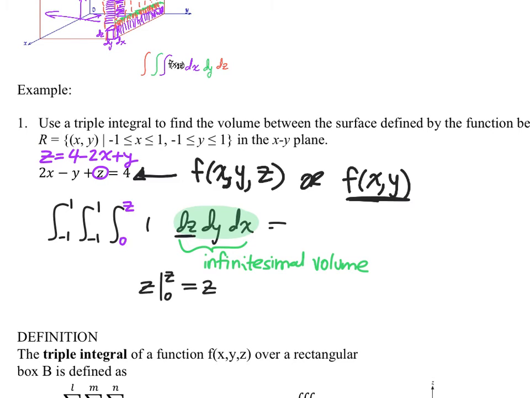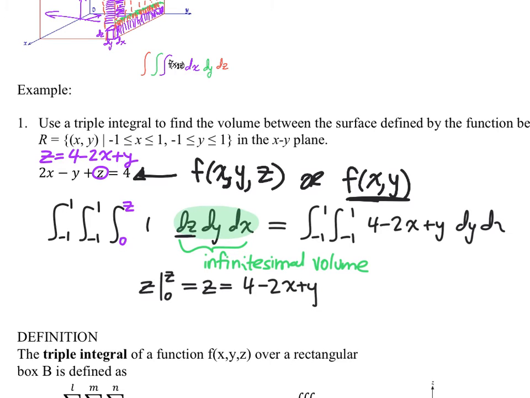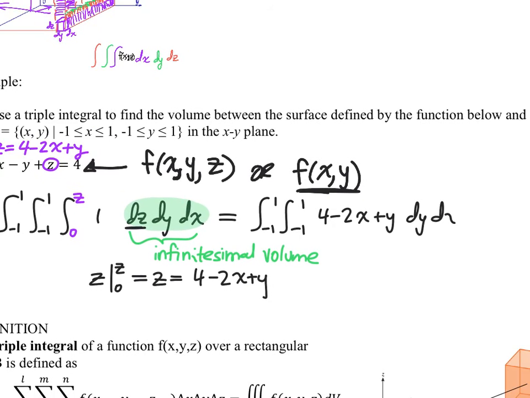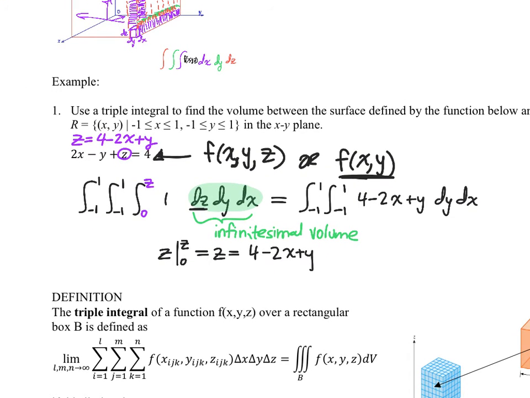So what this ends up being is equivalent to the integral from -1 to 1, -1 to 1, of z, which in turn is equal to 4 minus 2x plus y, dz, dy, dx. All right, so what we're actually doing here is applying the step prior to the double integral.